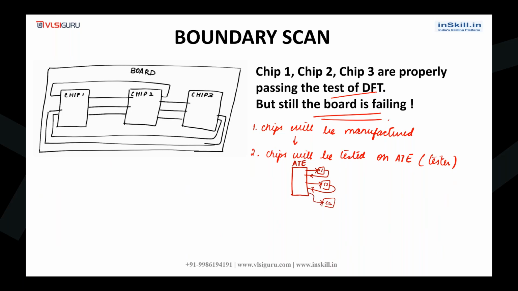Then chip 1, chip 2, chip 3 have passed their test on the ATE. Passing the test on the ATE means the output of the chip is equal to the expected output.